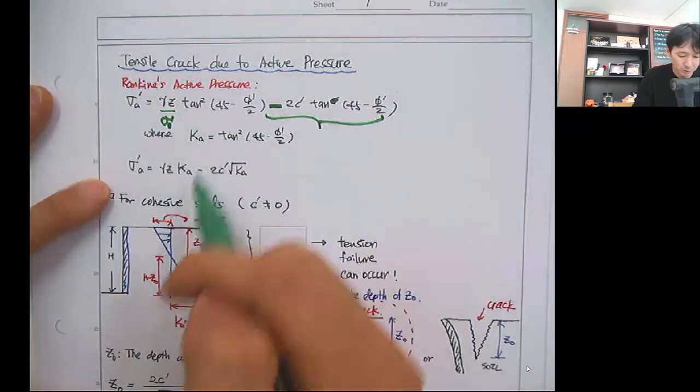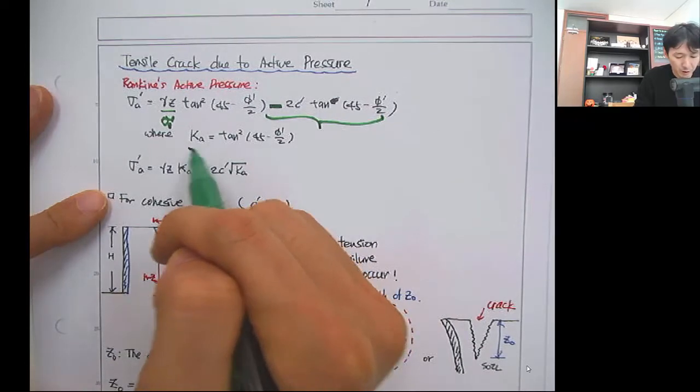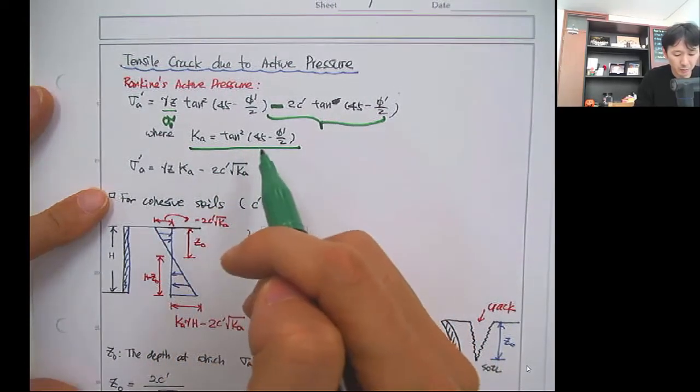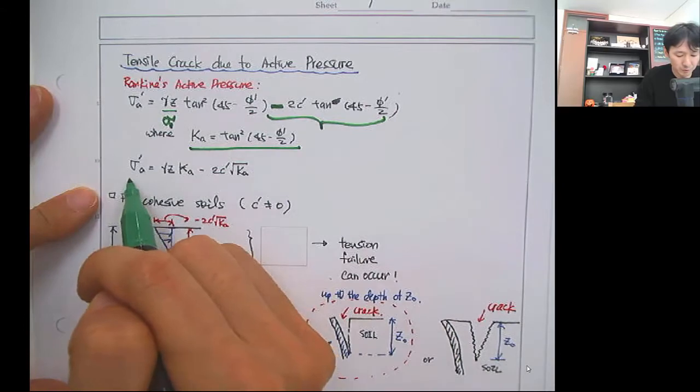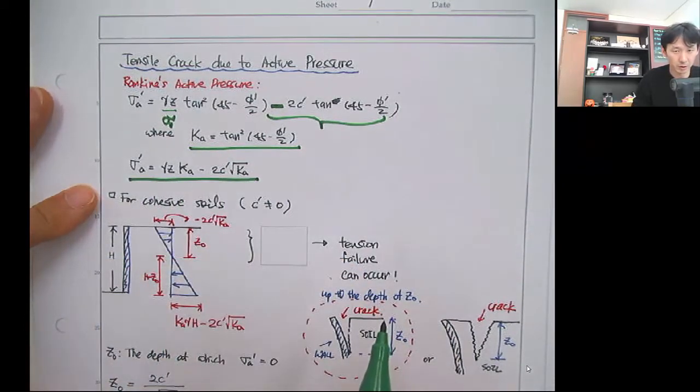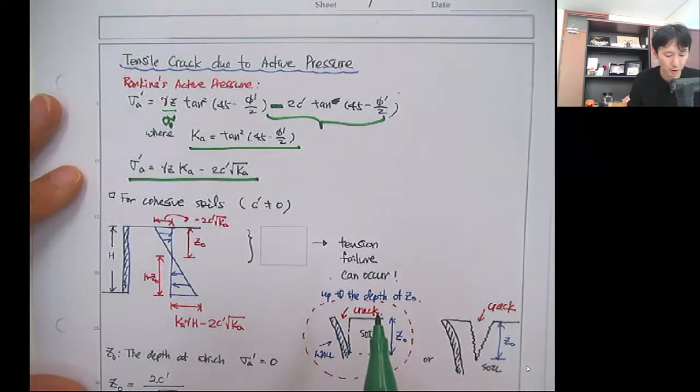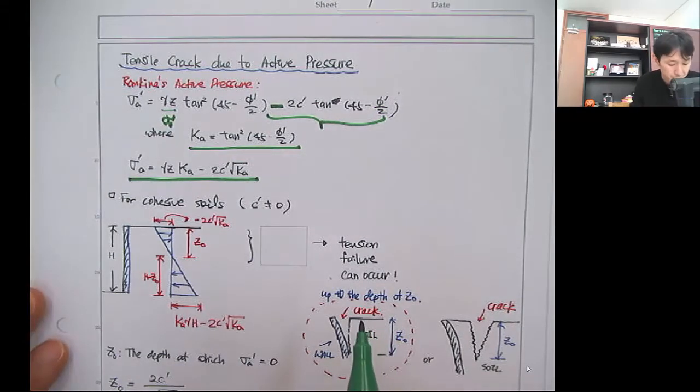If we define Ka as tangent square 45 minus phi over 2, then you can simplify the equation like this: gamma z times Ka minus 2c prime square root of Ka.